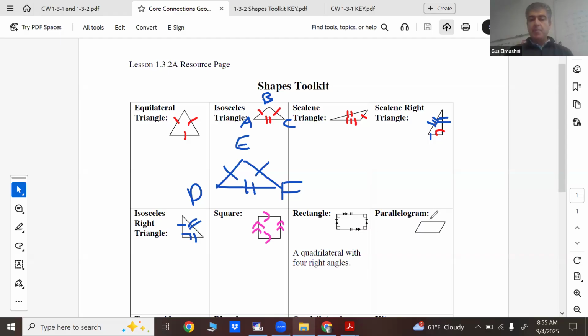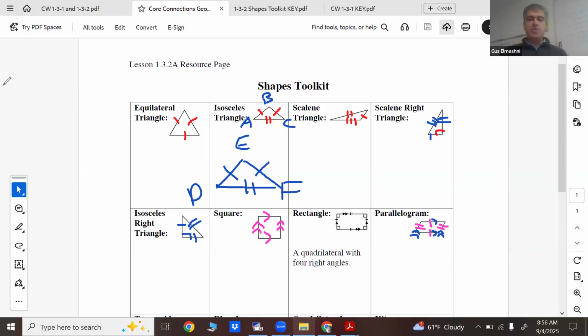Parallelogram. These are the same, and these are the same. And not just the same, they're also parallel. I know it's very, very tiny. Oh goodness, I did not leave myself any space, did I? You have that as well, so you have two pairs.